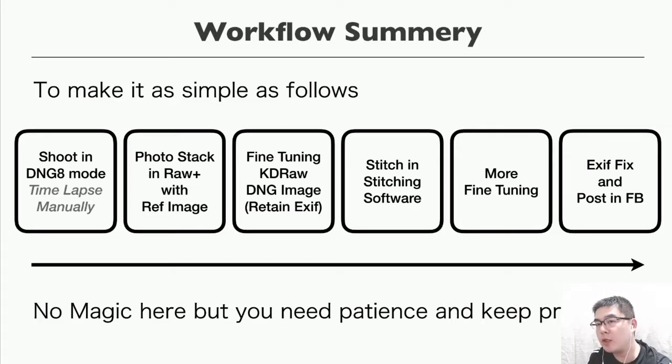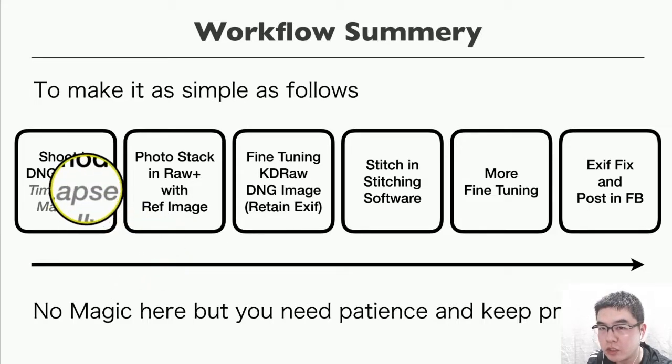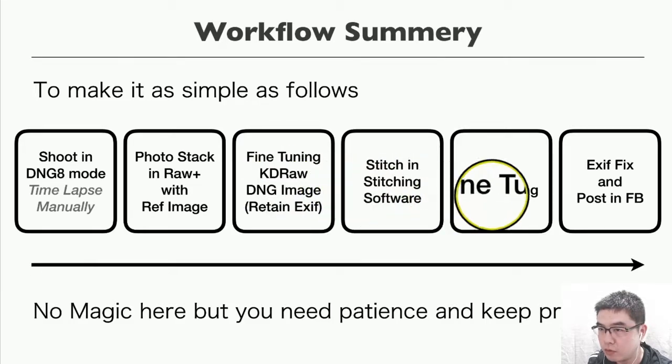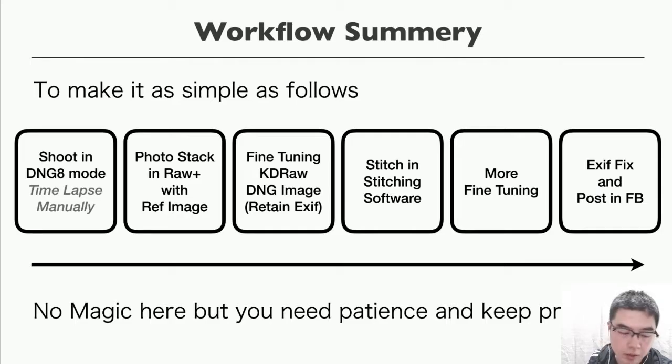To make it as simple as follows: in the last webinar, we showed you shooting DNG, full stack in RAW+, fine-tuning the RAW, stitch tuning, and uploading to Facebook. But after today's webinar, we can add 2 more steps to the workflow for when you are shooting in a super tiny space, to get rid of all the stitching errors.